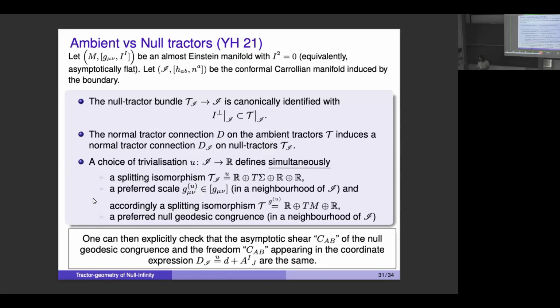A cut would be like some tractors living at null-infinity. This tractor is covariantly constant if and only if the cut is good. The good cut equations are equations on something, and this something is a choice of cut. In this picture, this something is tractors, and the connection tells you how to make sense of this. But to make sense of the good cut equation, there is sigma 0, so we need to know what sigma 0 is.